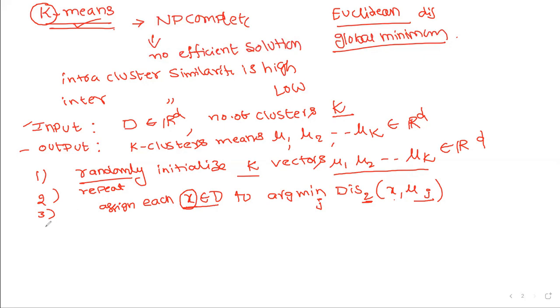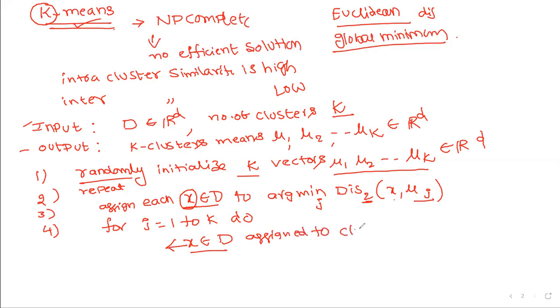Now after calculation of these distances, the same procedure is repeated for each and every cluster. We have k clusters, so for j equal to 1 to k, the same thing. x is the data that belongs to D. Now we are calculating the minimum distance, so it is assigned to cluster j.